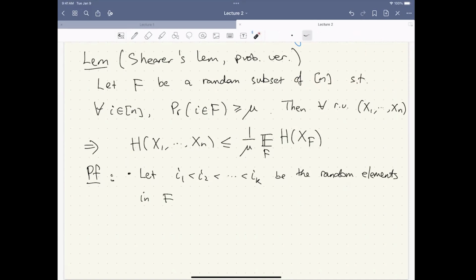Again, as I mentioned, whenever you see joint entropy, the entropy of a vector, let's use the chain rule to expand it.